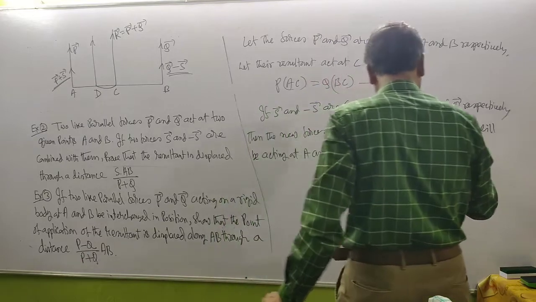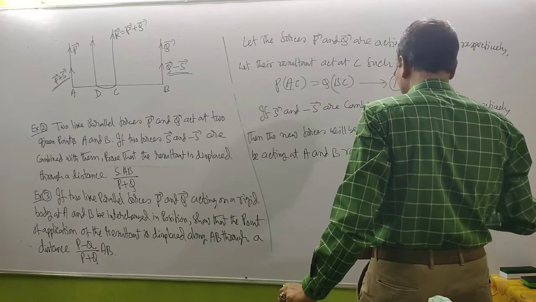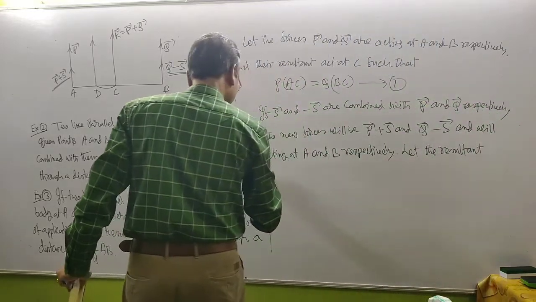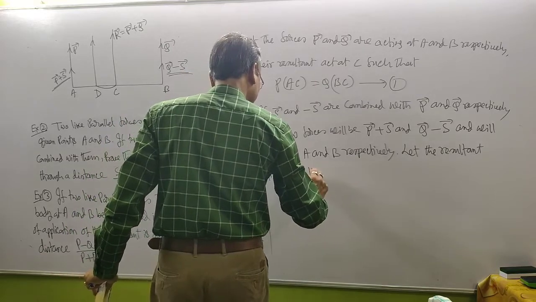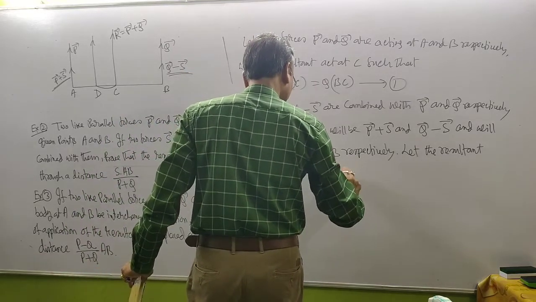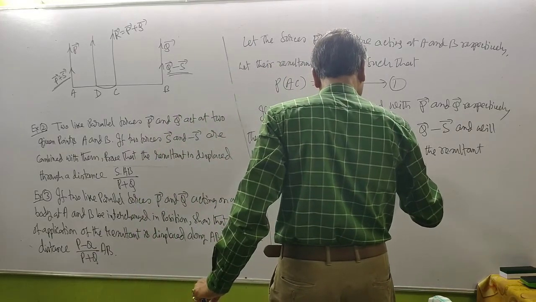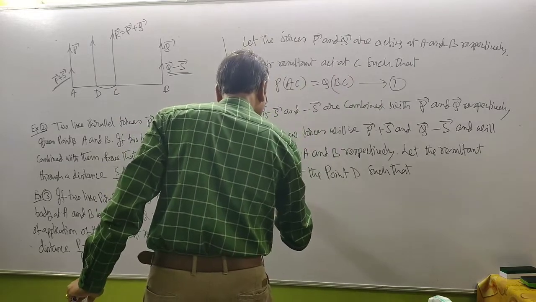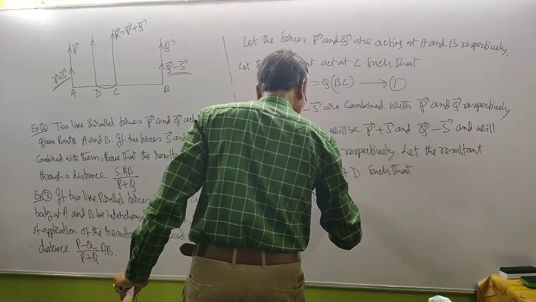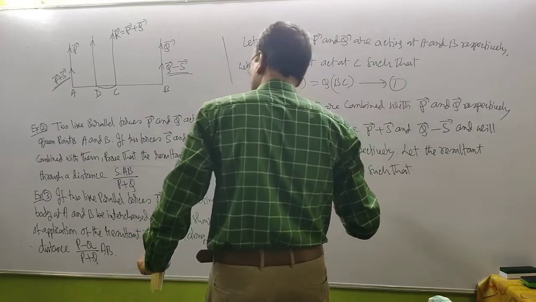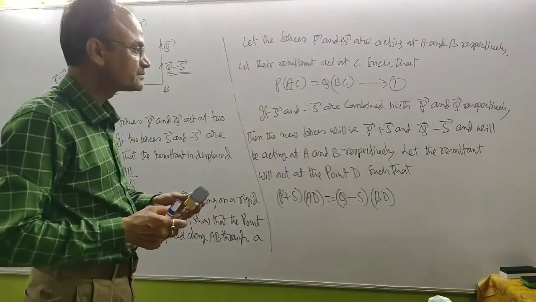Let the resultant act at the point D, such that P plus S into AD is equal to Q minus S into BD, right?